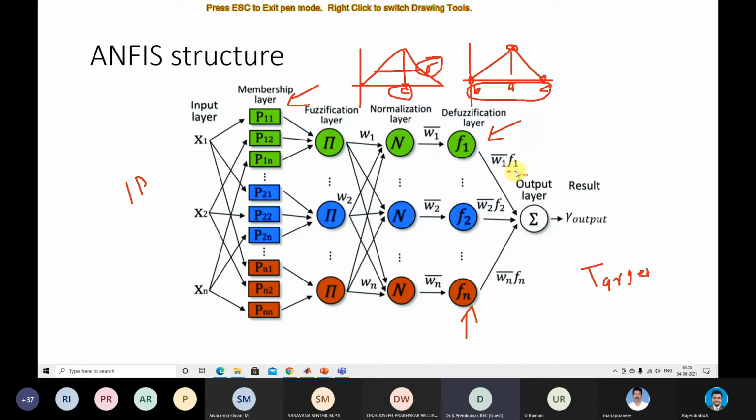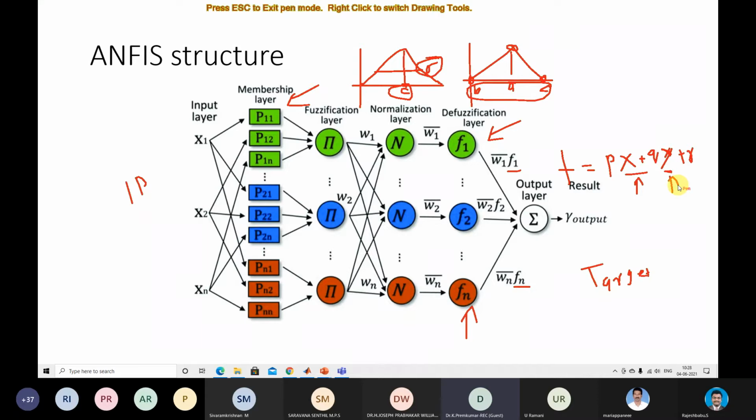In the defuzzification layer, we have the equations f1 to fn, right? This function is related to the input by the following formula. For example, f = px + qy + r, where we consider two inputs, right? So x and y are the inputs of the ANFIS network.